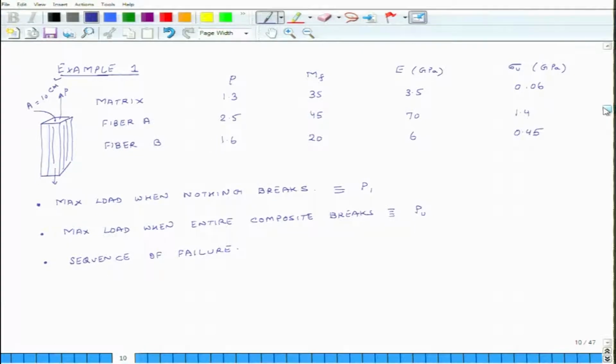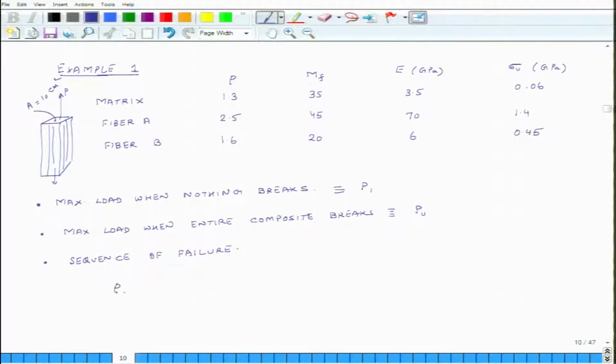So, to do this problem, first we have to compute the volume fraction for all these components. What we are given is mass fraction, and earlier we had developed an expression for volume fraction. So, we have to compute the volume fraction and we also compute the density of the system.